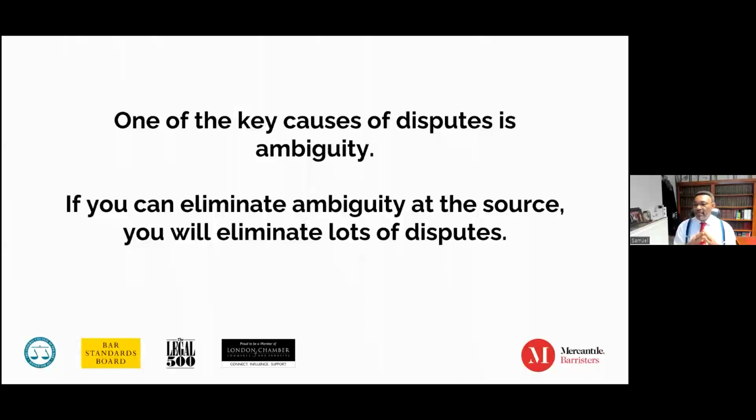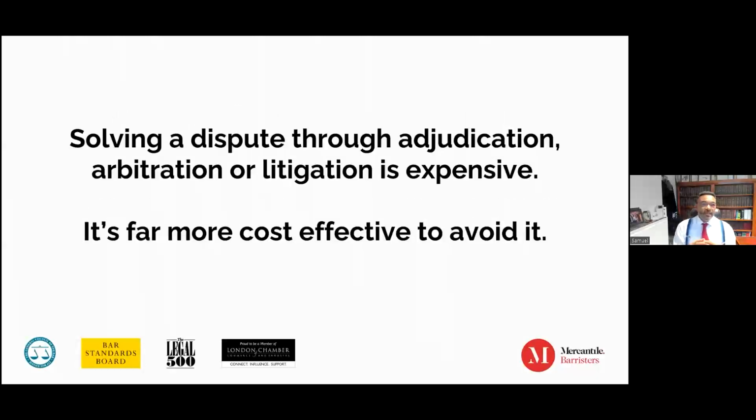And once you have done that, one of the key things that you need to look out for is what I simply call ambiguity. Now, you have to be clear in what the objects of the contract is. If you can eliminate ambiguity at source, you will eliminate a substantial amount of disputes that you encounter in the construction arena. Now, solving a construction dispute through adjudication, arbitration, or litigation is an expensive exercise.